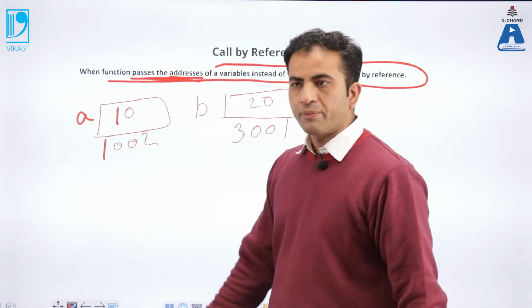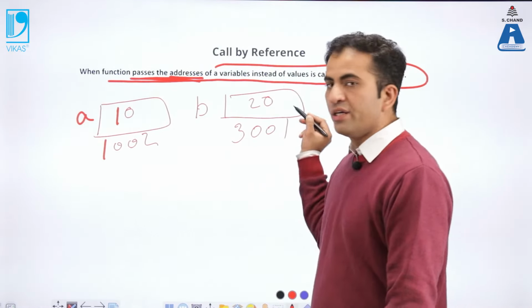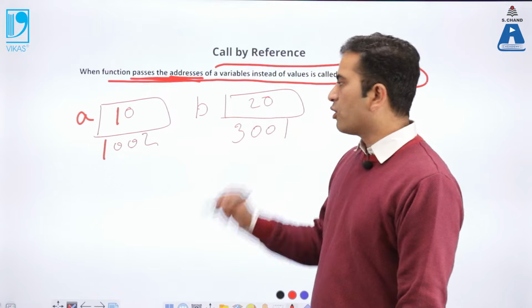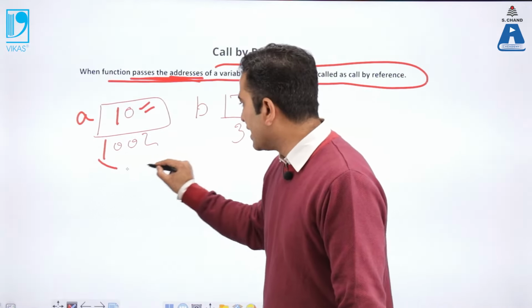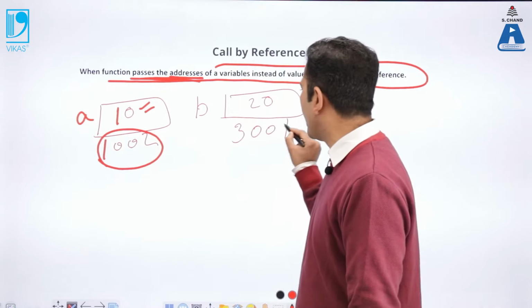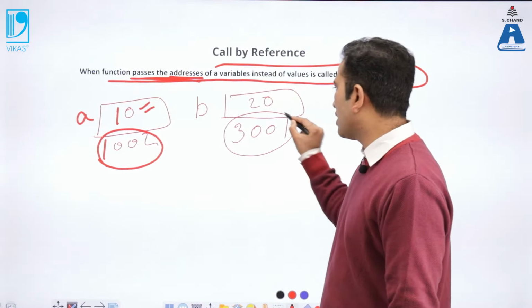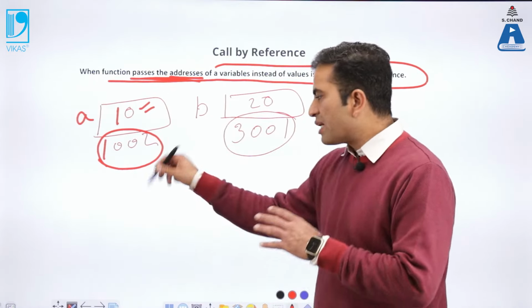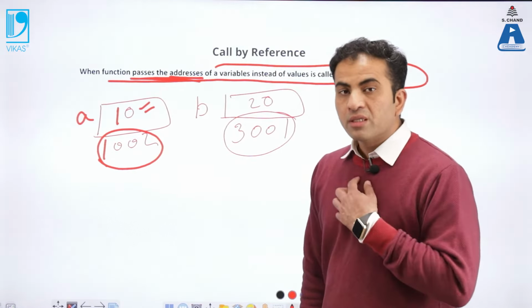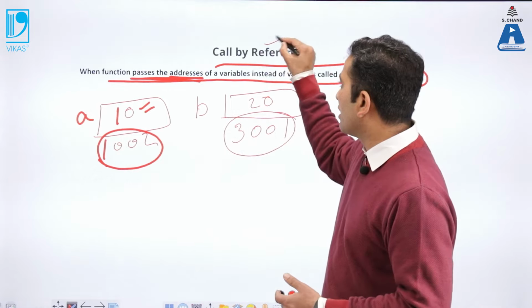In call by value, we pass this 10 and 20. But in call by reference, instead of these values, we pass the address, the memory location of the variable. We will not pass the value, we will pass the memory location. When we pass the memory location, the concept is called call by reference.